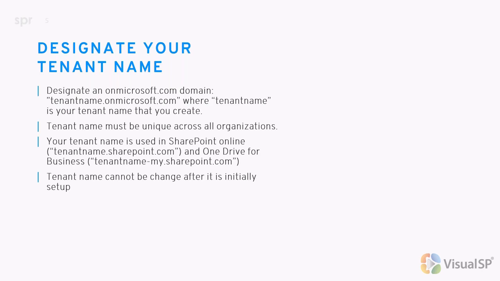So you have to think through that in advance. The other thing I often see is organizations that go through mergers and acquisitions a lot of times, and their name changes or rebranding. You have to consider that whatever your tenant name is going to be, it's going to be there forever. So you want it to be something that represents your organization, but is also generic enough to survive any changes over time.